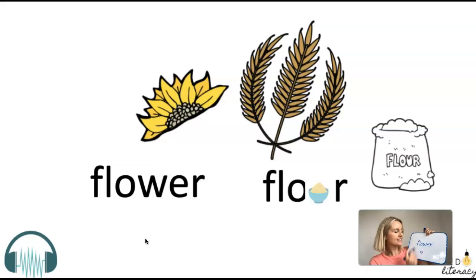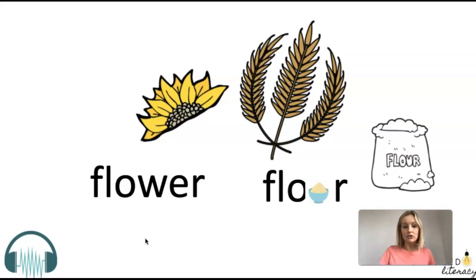And then this W kind of looks like little petals. So this helps me remember that these are the petals that go on the flower. Okay, so that's the word flower because it's got these petals in it.